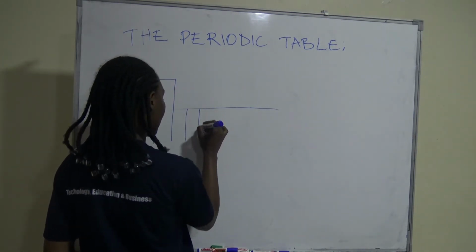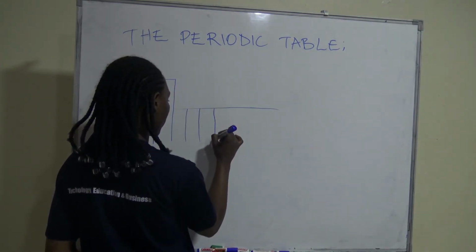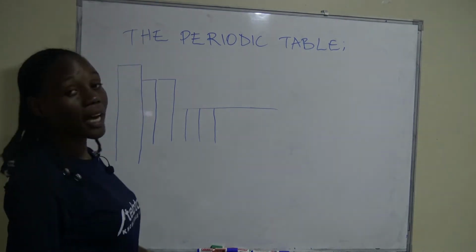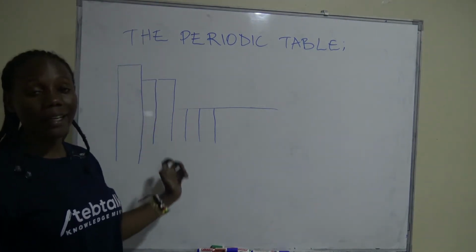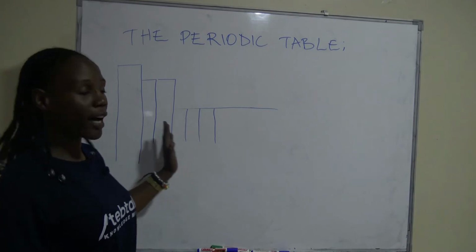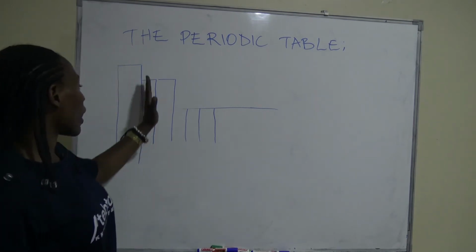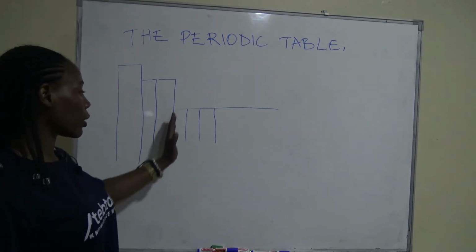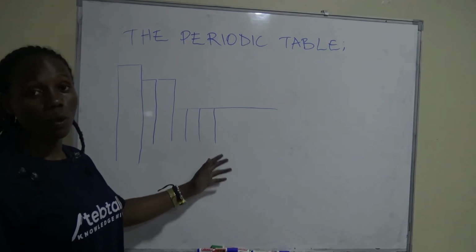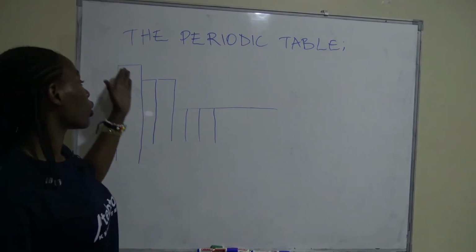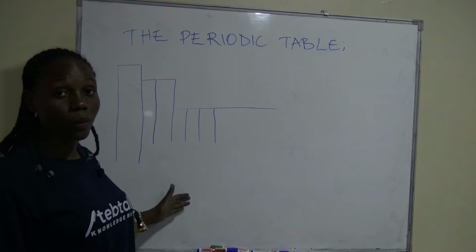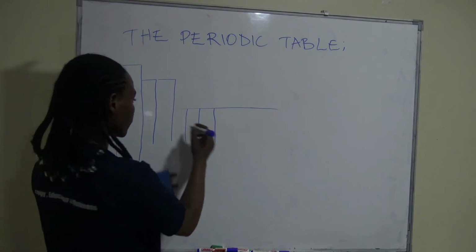I'm trying to draw a sketch of a periodic table. So we said that those downward arrangements are referred to as groups. So these are the downward arrangements we are referring to, and we call them groups. So when I say a group, you know that that is the downward arrangement of elements.